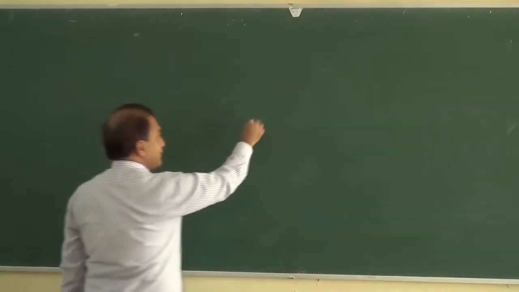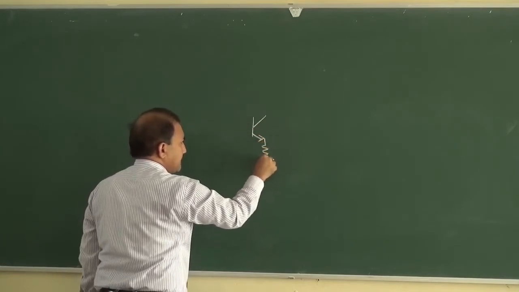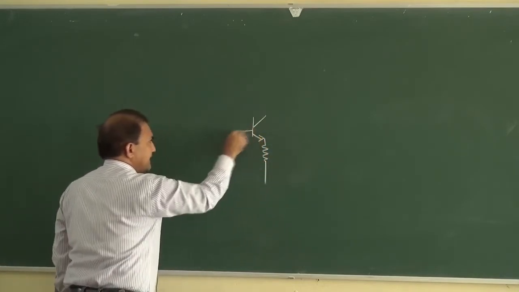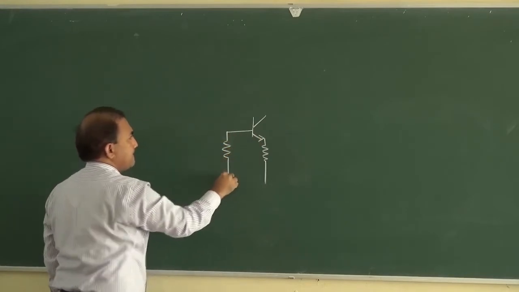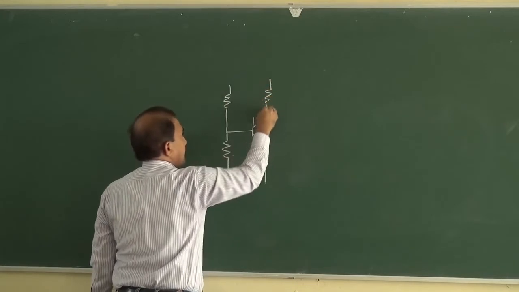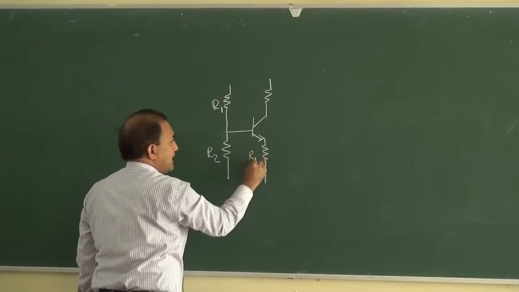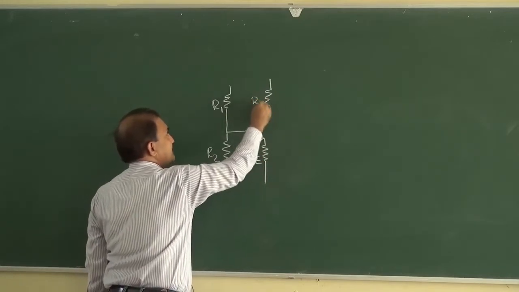So the circuit diagram for a single stage amplifier circuit is like this. This is R1, R2, RE, and this is RC.